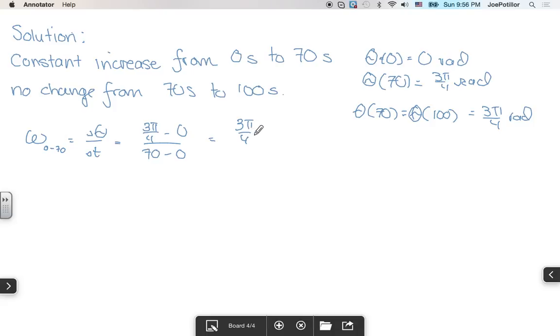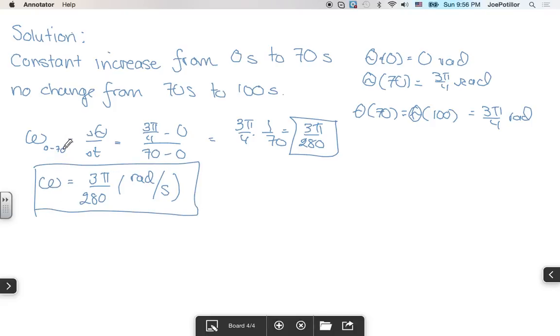So 3 pi over 4 times 1 divided by 70. That becomes 3 pi over 280, which I can just leave like that. So omega is 3 pi divided by 280 radians per second.